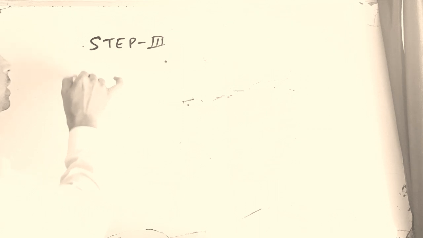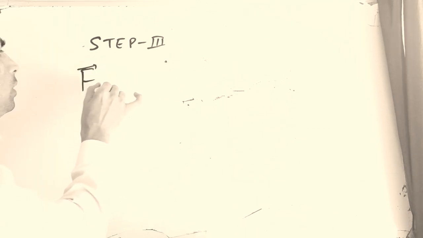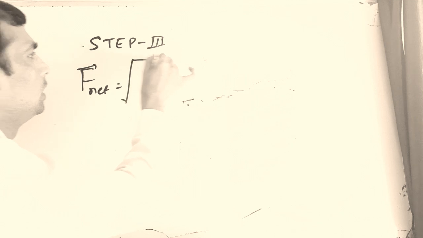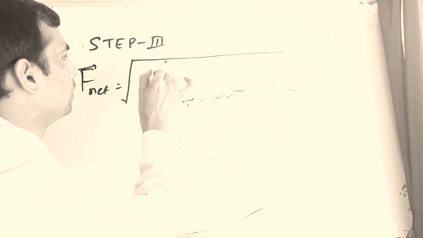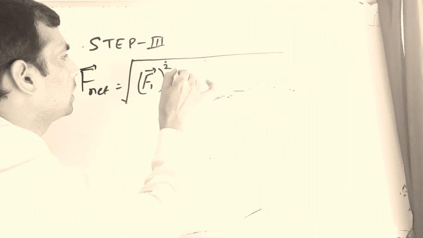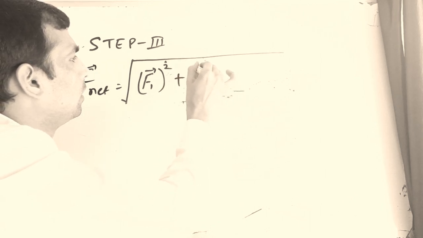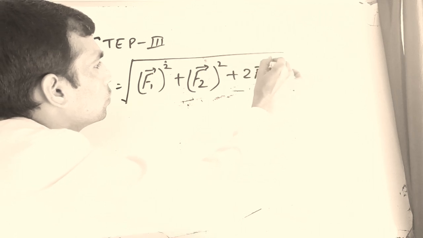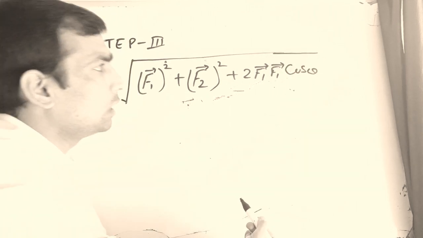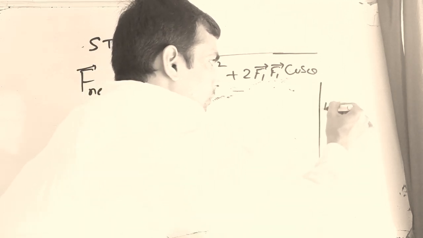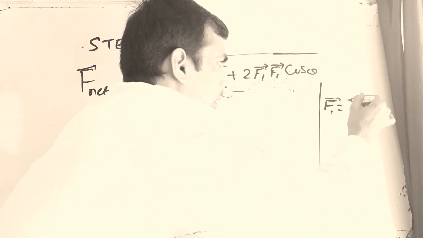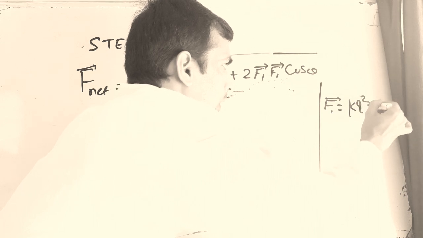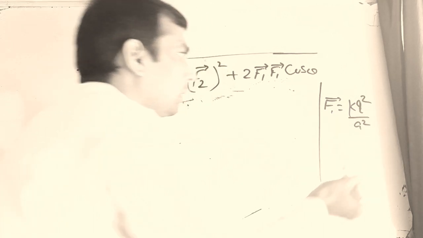So F net is equal to the square root of F1 square plus F2 square plus 2 F1 F2 cos of theta. Right student, F1 is equal to KQ square upon A square.